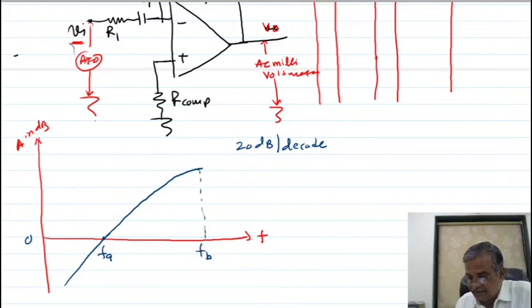At FB it is maximum, then when the frequency is more than FB your gain decreases by minus 20 dB per decade. So this is where differentiation starts. This is the gain limiting frequency.